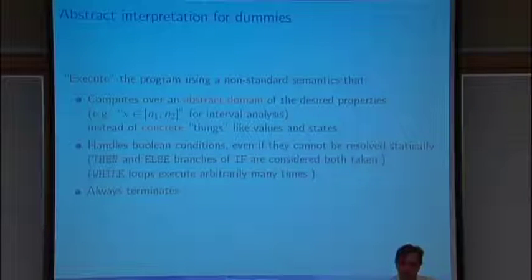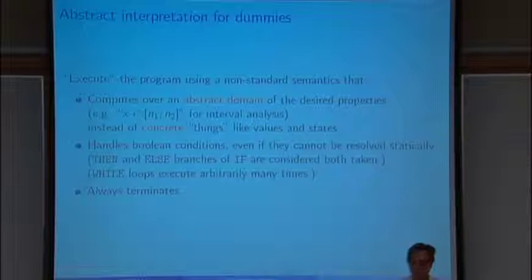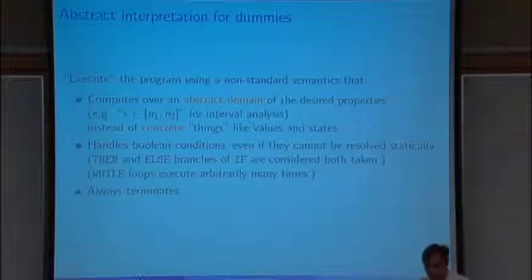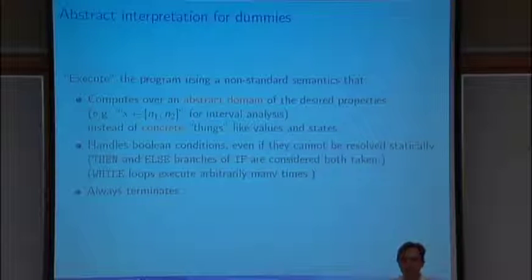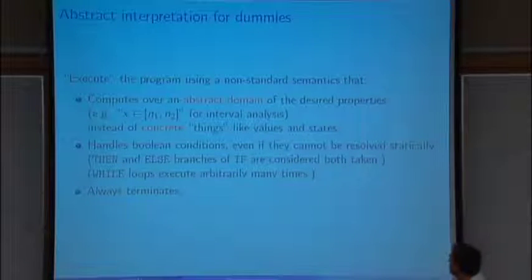The idea is that the analyzer is going to execute the program, but not with the standard semantics. With a non-standard semantics that doesn't compute over values, integers, pointers, strings, but over abstract domains of the desired properties. For instance, for interval analysis, we are going to compute over basically those assertions that a variable belongs to an interval.